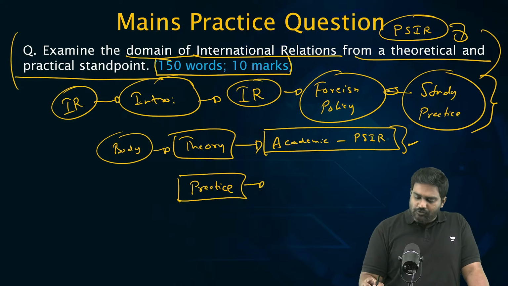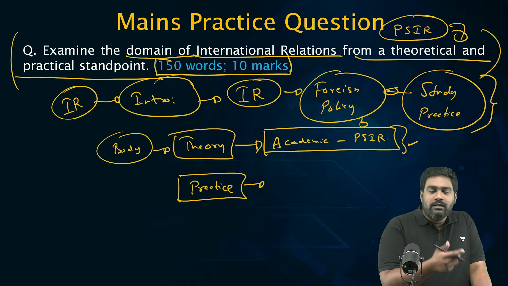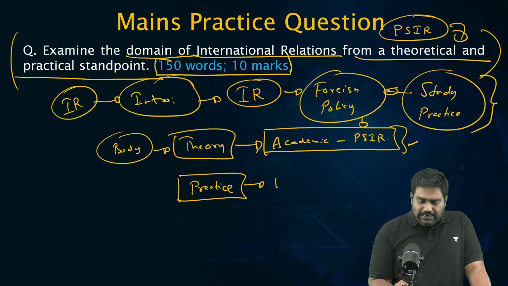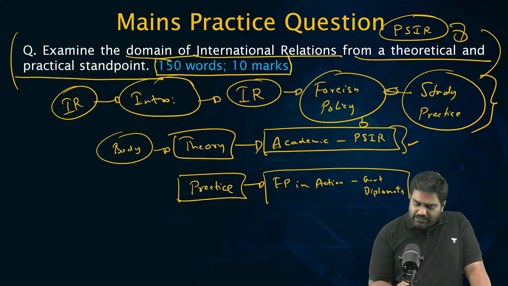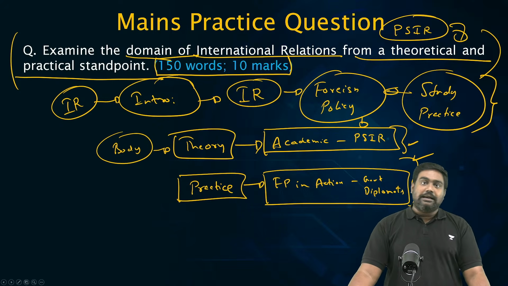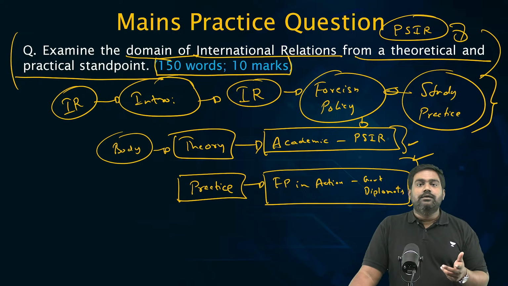They try to understand foreign policy of different countries and compare them. So this is the theoretical exercise. But in practice, foreign policy in action, where governments, diplomats conduct the foreign relations, this becomes international relations in practice. So give an example, relations of India with some country, right?